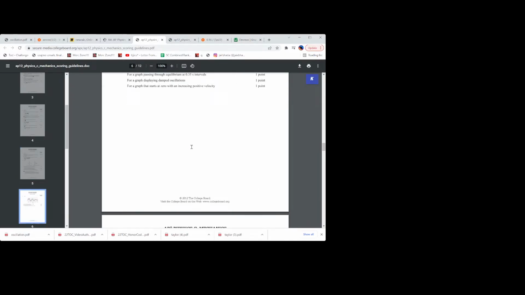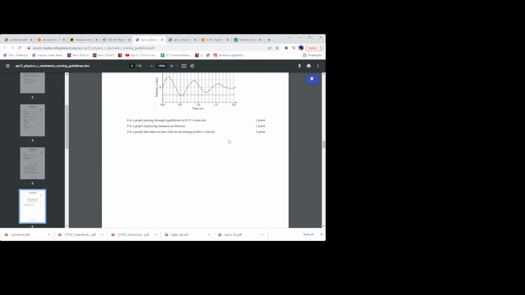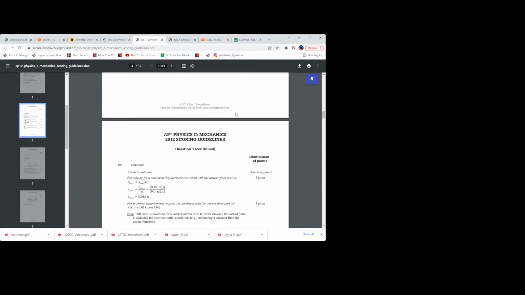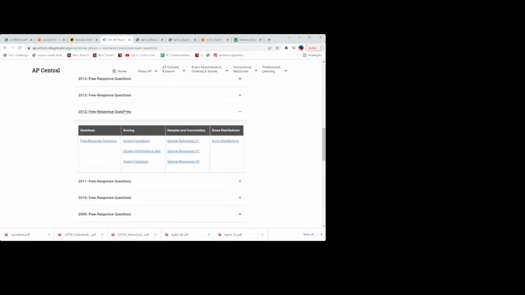I would have remembered that on the actual exam. I was doing it properly, probably. 4, 2. I forgot about the damping, even though I literally said out loud, remember the damping. Dude, I would have lost 2 points on this FRQ. That's terrible. Okay, whatever. Fine. 13 out of 15. Rip.